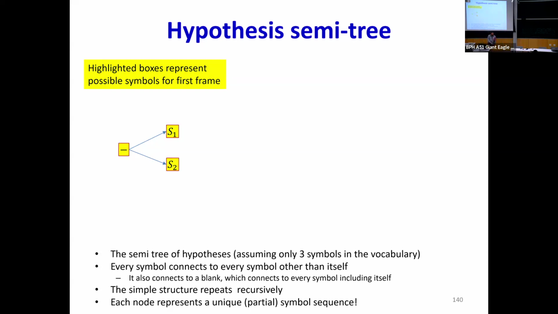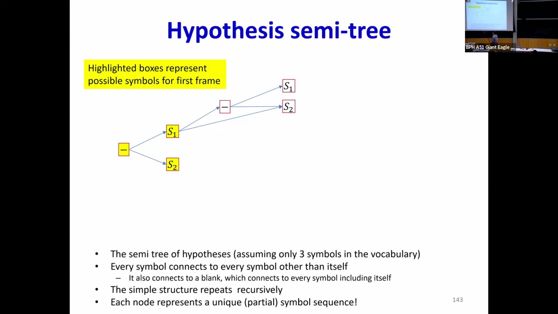All of them are valid, right? And then an S1 can be followed by an S2. And S1 can also be followed by an S1, but for an S1 to be followed by an S1, it must first be followed by a blank, right? And then an S1 followed by a blank can also be followed by an S2, right?